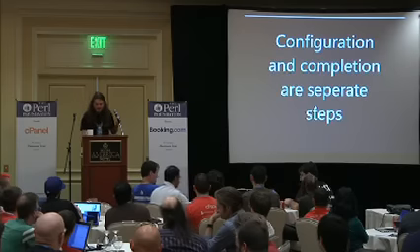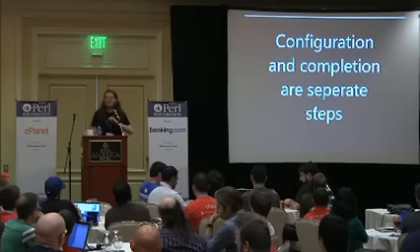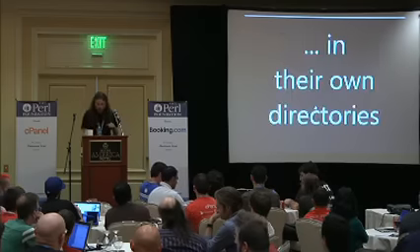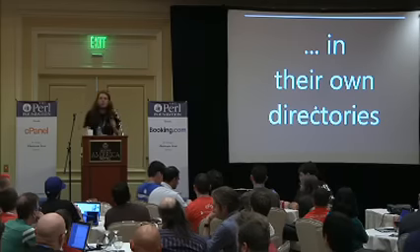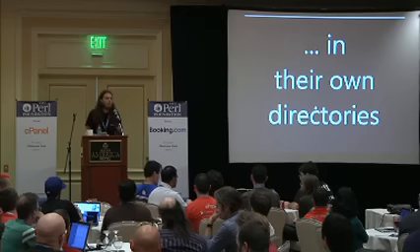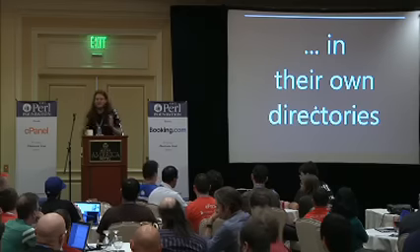So, configuration and completion are separate steps, which means they run in a separate temp directory each time. Turns out, nobody considered the possibility that you might want to move the build directory around between Makefile.PL time and make time.